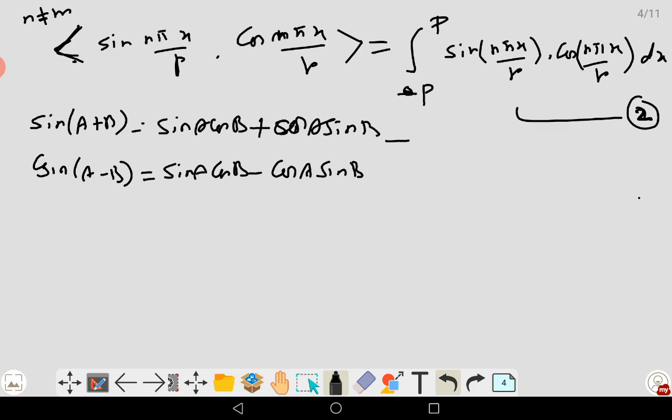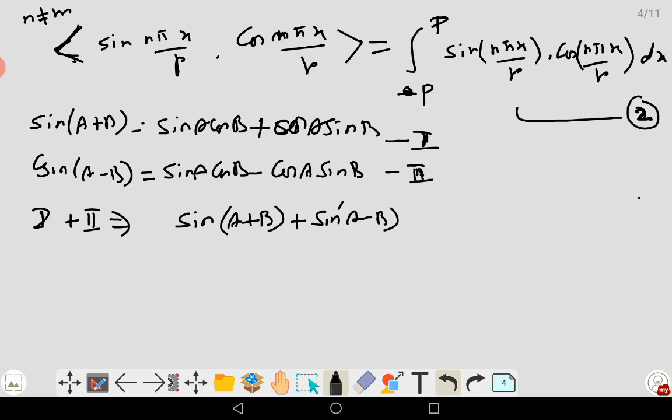When you take these as equations 1 and 2, 1 plus 2 will give you on the left hand side sin A plus B plus sin A minus B, but on the right hand side these two parts will be cancelled. We get 2 times sin A cosine B. We want only sin A cosine B, so take 2 to the left.